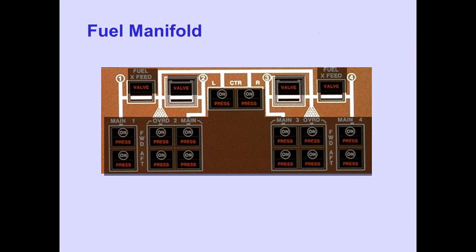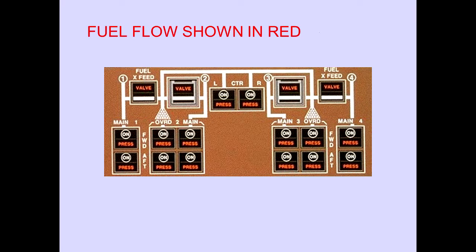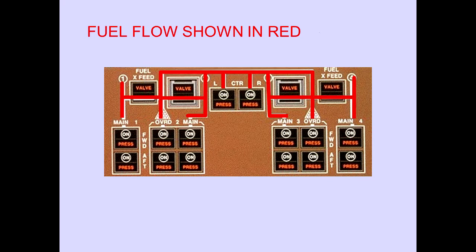The fuel manifold is represented by flow lines which depict the flow of fuel from the tanks through the crossfeeds to the engines. In this module, red will be used to show fuel flow.